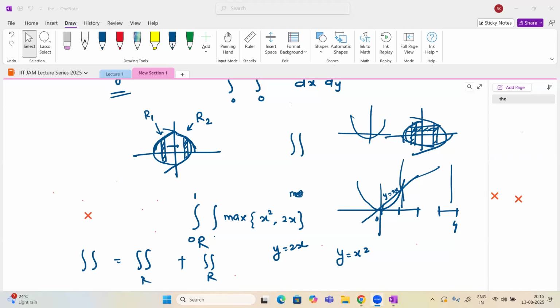Sir, if the integral of dx square exists, then how to find this integral? Which one? If you can give me the particular example, then I can show you.